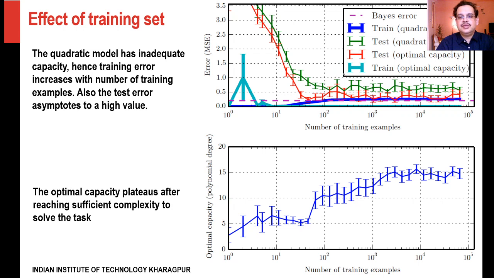As you can see here, in the training with the quadratic function, the training starts here, and then it moves on like this and then settles down into some amount of error. So the training data does not really reach zero training error.